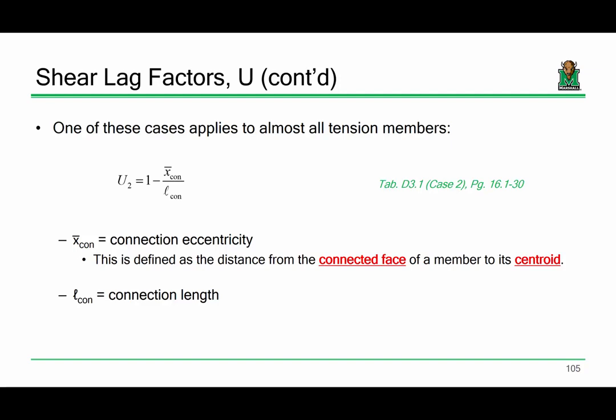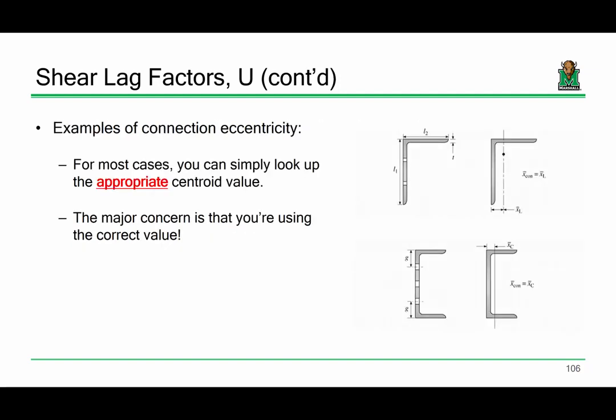The L is the connection length. Let's take each of these one at a time. Let's start with connection eccentricity. Okay? So for most cases, you simply look up the appropriate, keep in mind, appropriate centroid value. Let's say you have a channel, here on the bottom, connected via the web.